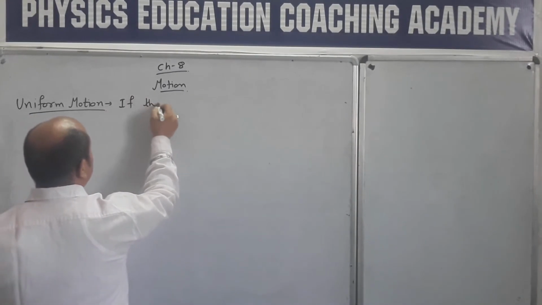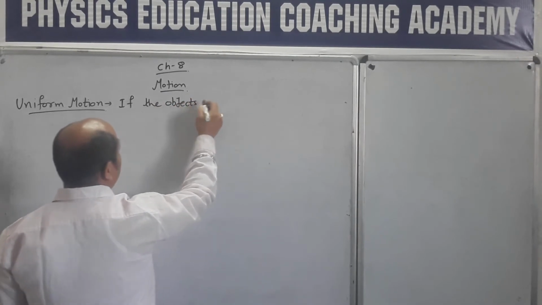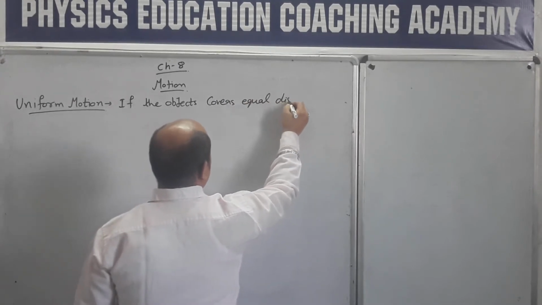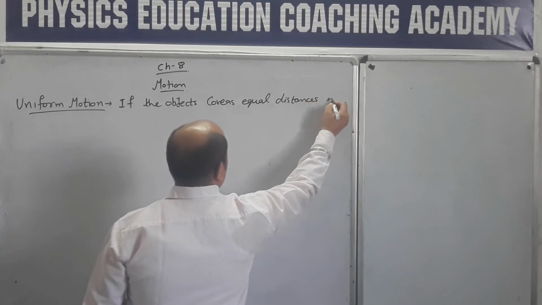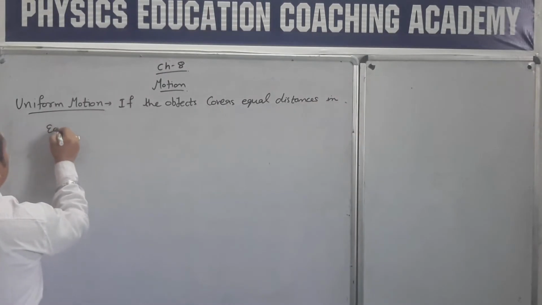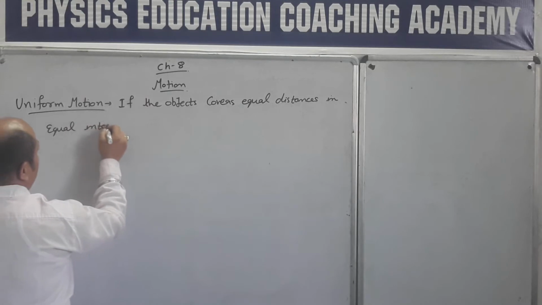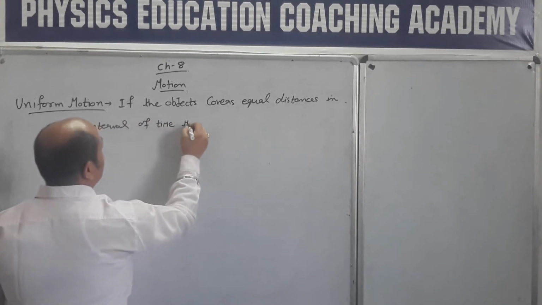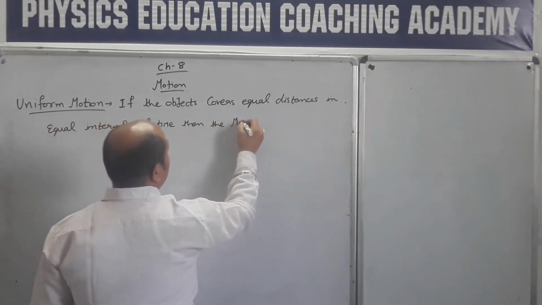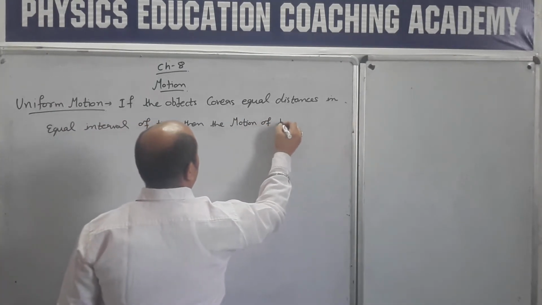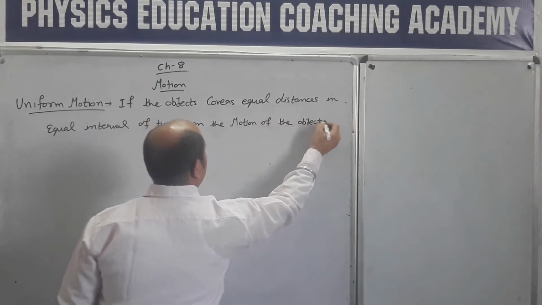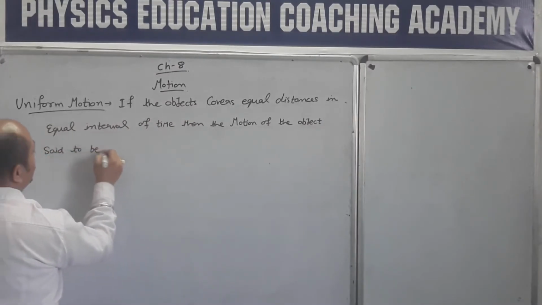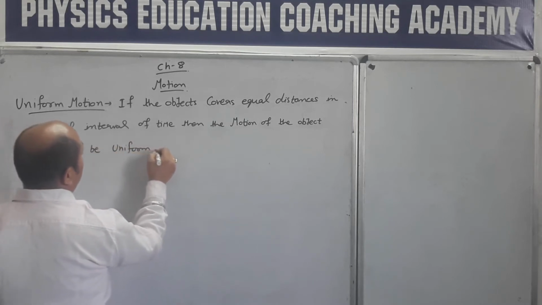If the object covers equal distances in equal interval of time, then the motion of the object is said to be uniform motion.